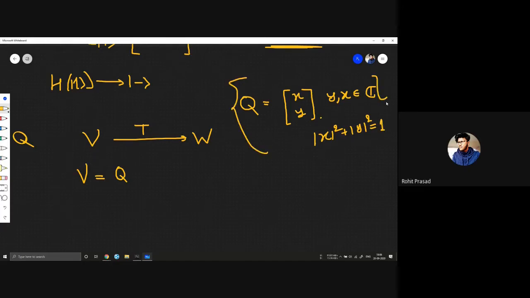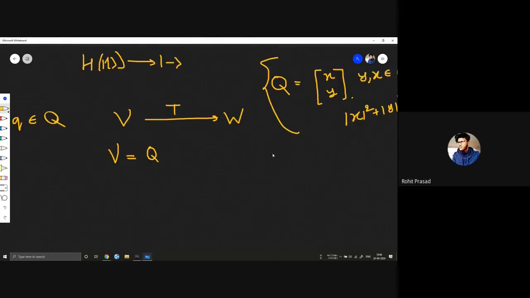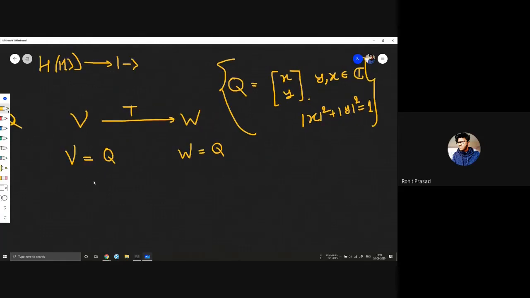This is your vector space Q. So if we take V equal to Q and W equal to Q, we can say that the transformation T is mapping from the same vector space to the same vector space, from Q to Q.